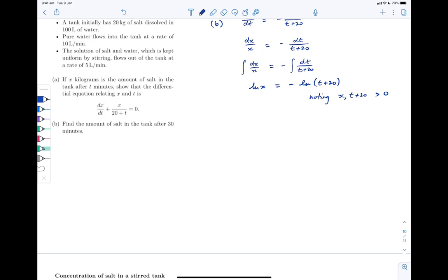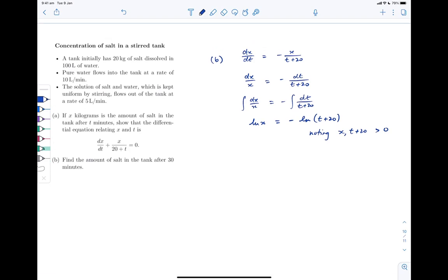Then we're going to take the integral of the other side. Look at me, I forgot my plus c, which is important here.